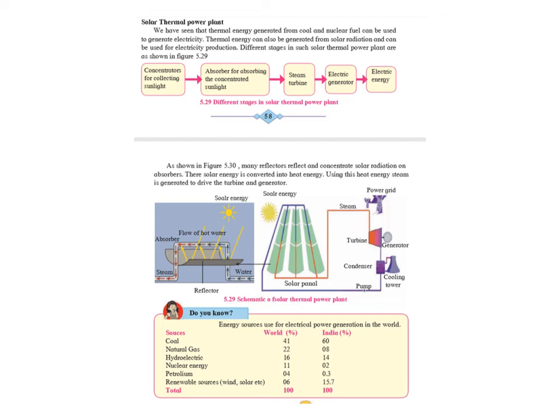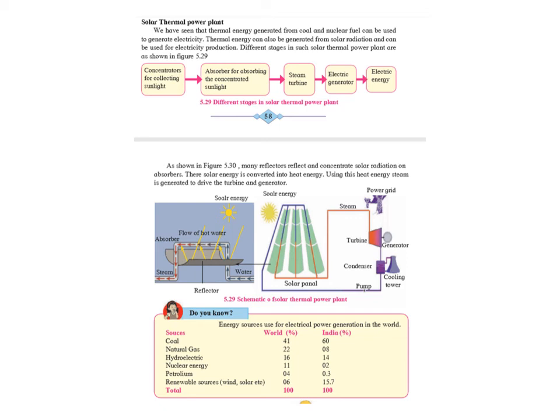A solar thermal power plant is very similar to the thermal power plants. In a solar thermal power plant, solar energy from the sun is converted into electrical energy. A solar thermal power plant consists of a solar panel, a condenser, a turbine, a generator, a pump, and a cooling tower or a cooler.